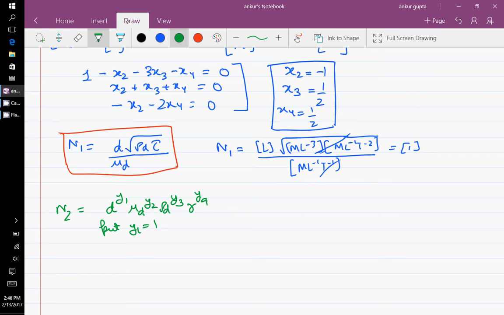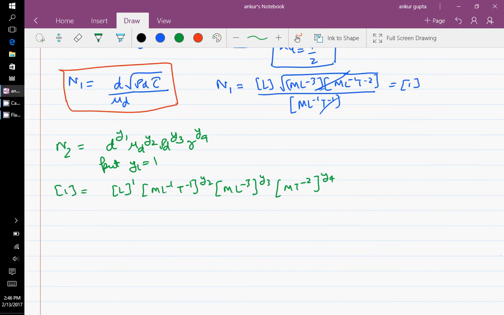Now let me put this very quickly, because we have done this before. I will just write down the powers. We want this to be 1. L raised to the power of y1 is 1, ML minus 1 T minus 1 raised to the power of y2, rho d is ML minus 3 raised to the power of y3, and then gamma is MT minus 2 raised to the power of y4.